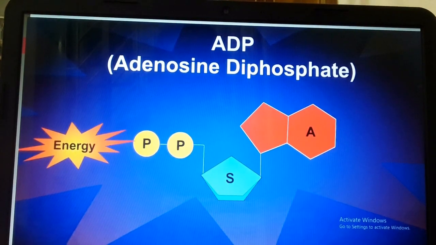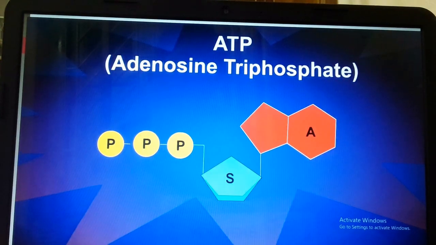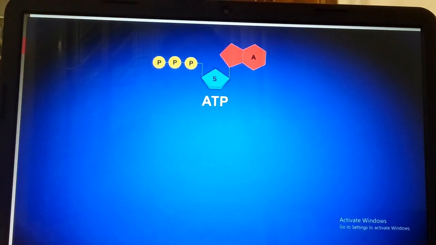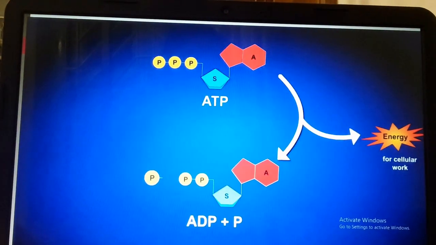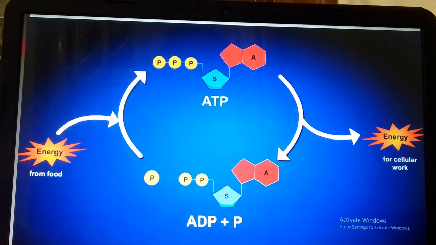Okay, if ADP, only 2 phosphates. Another energy means this energy coming from another phosphate is used in the cellular activity. Okay, if joined, then ATP. This is actually, you can say, a cycle, the ATP to ADP cycle.